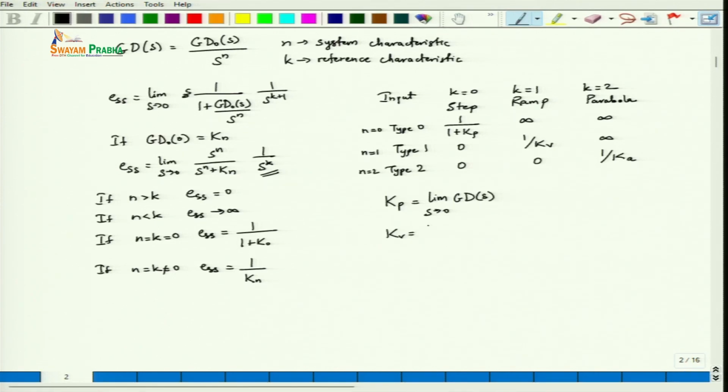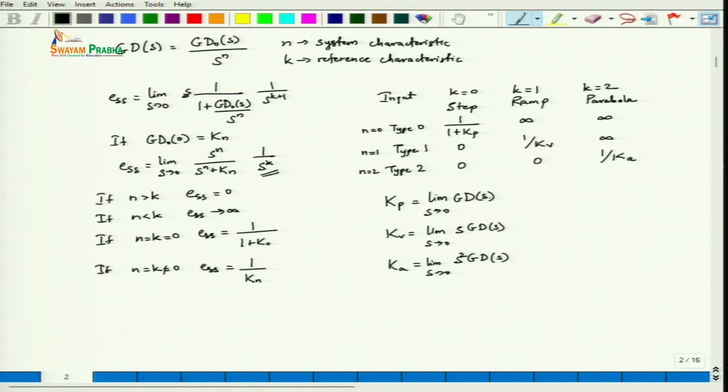Similarly, kv is limit s tends to 0 of s times g d of s, and ka is limit s tends to 0 of s square times g d of s.